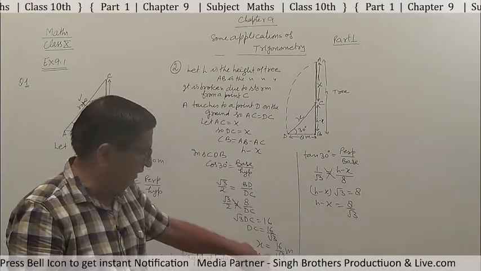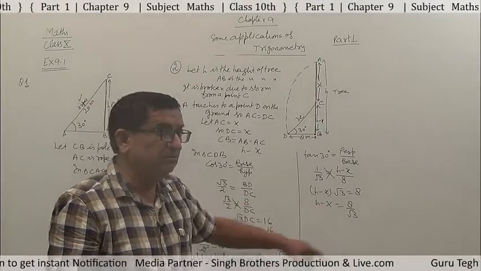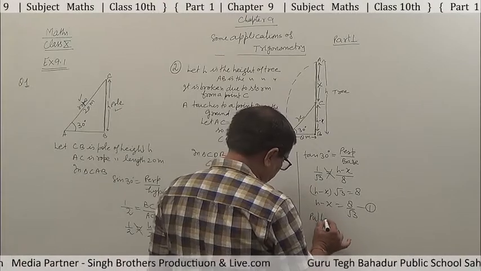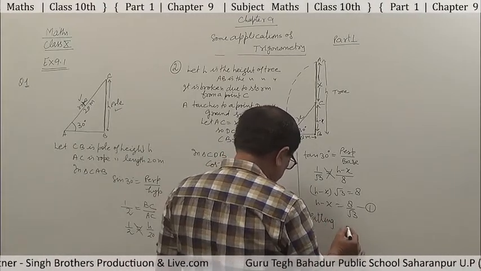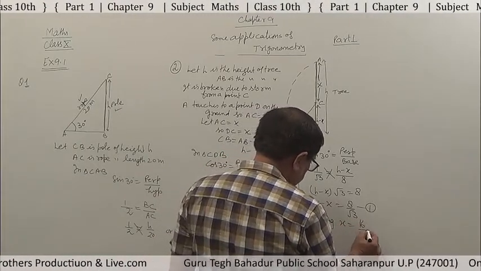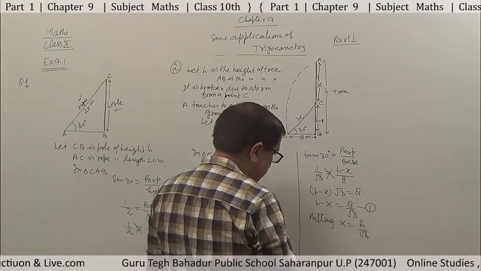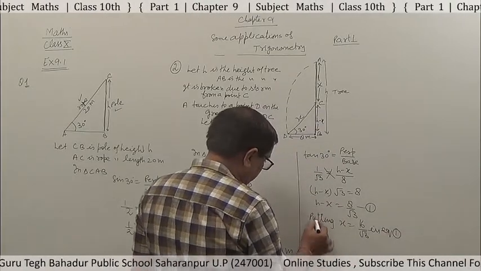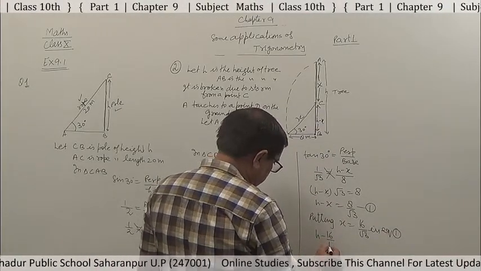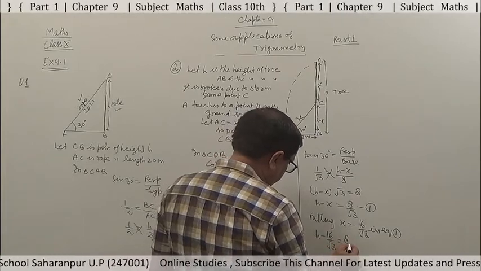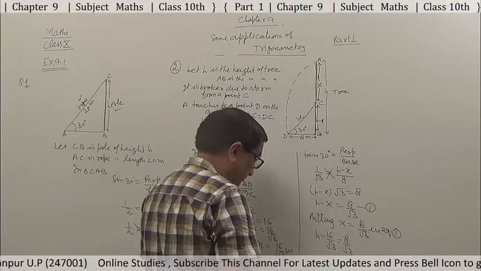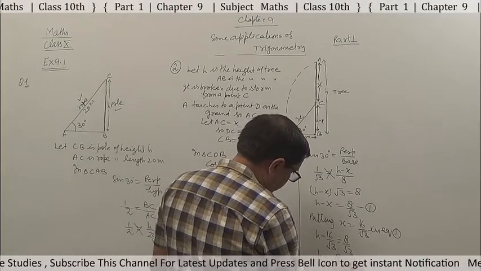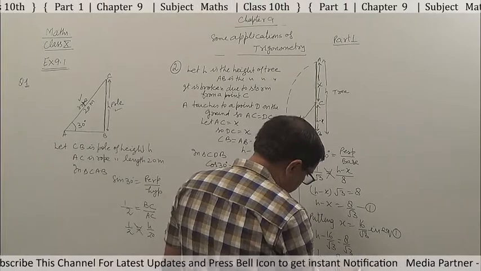Putting the value of x in equation 1, x is equal to 16 upon root 3. So, h minus 16 upon root 3 is equal to 8 upon root 3, and h is equal to 8 upon root 3 plus 16 upon root 3.